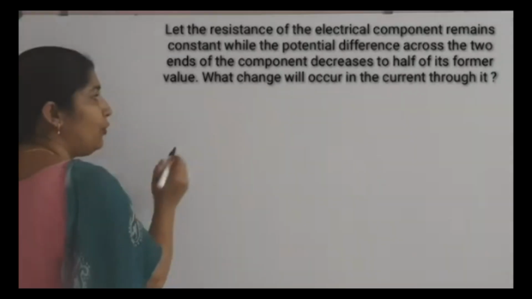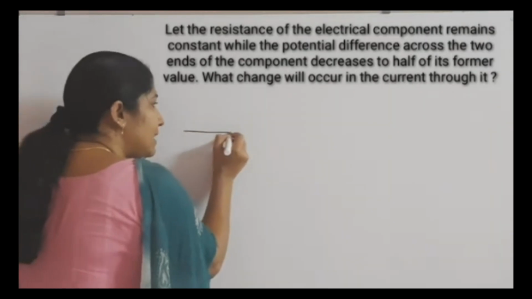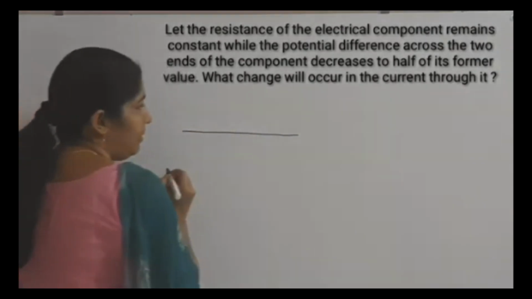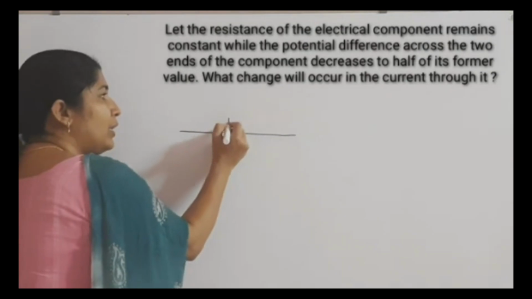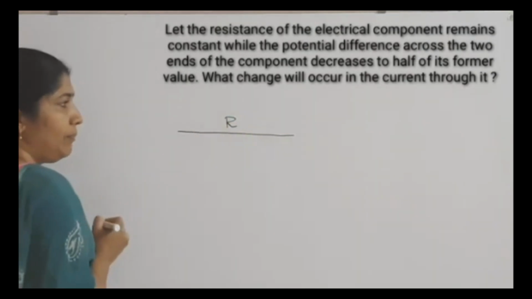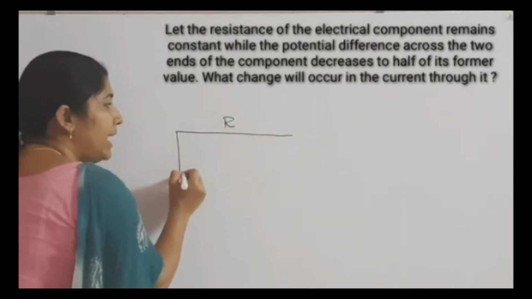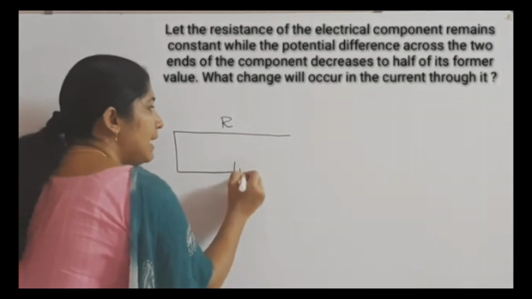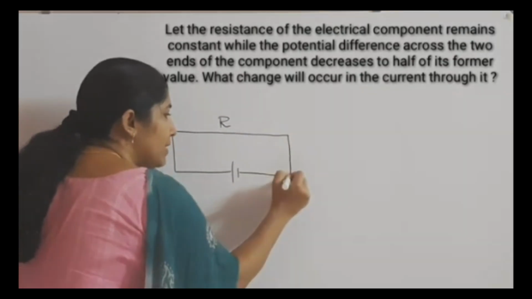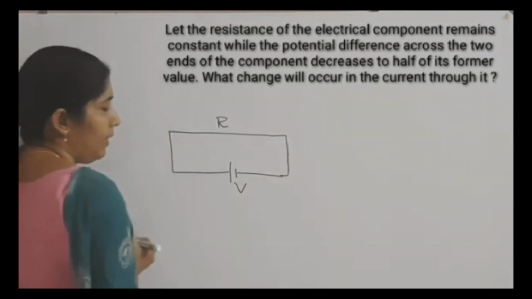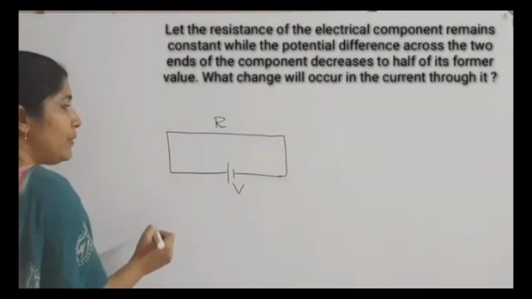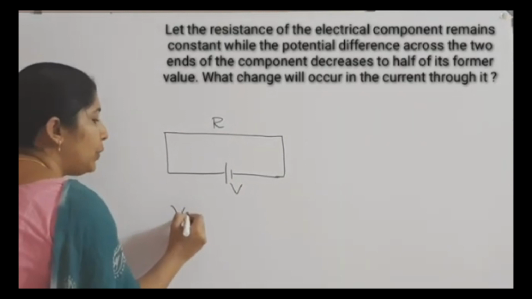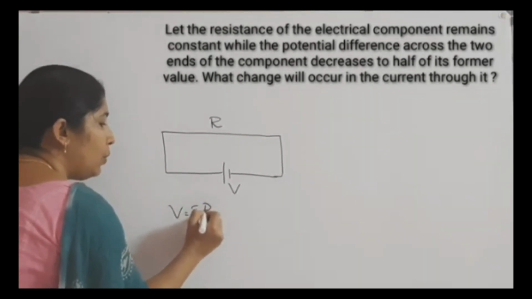For this, consider an electrical component. Its resistance is R. V is the voltage given to this electrical component. Now according to Ohm's law, V is equal to I into R.